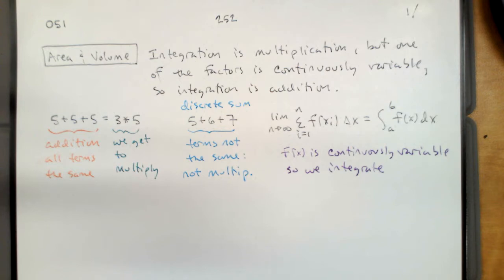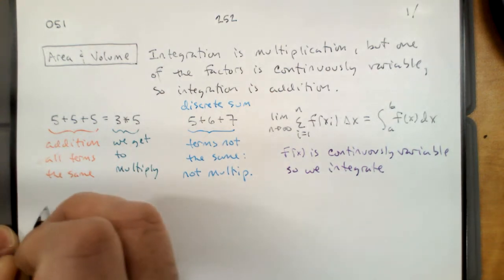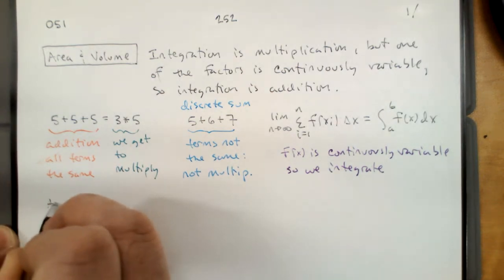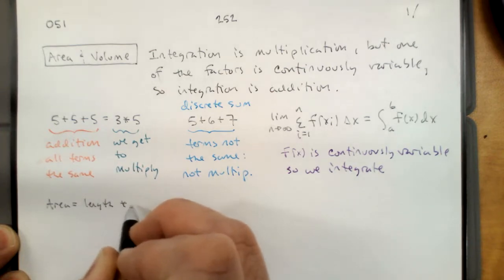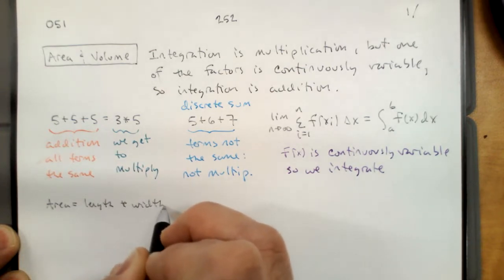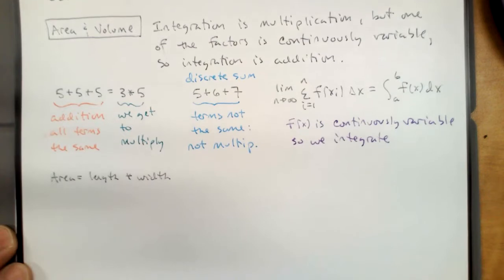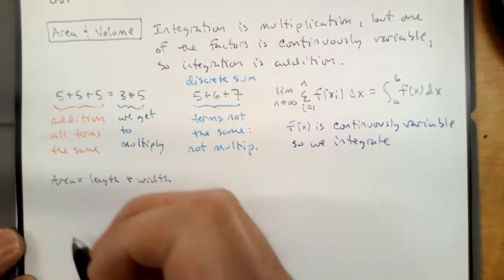Length times width. Area is equal to length times width.